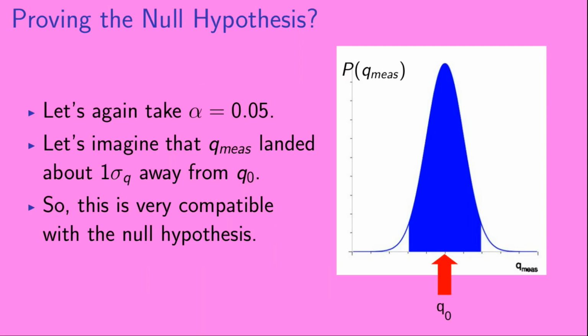Okay, let's again take alpha equals 0.05. Let's imagine that Q measured landed about 1 sigma Q away from Q naught. So this is very compatible with the null hypothesis.